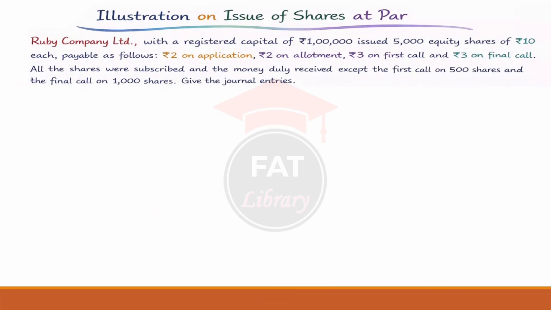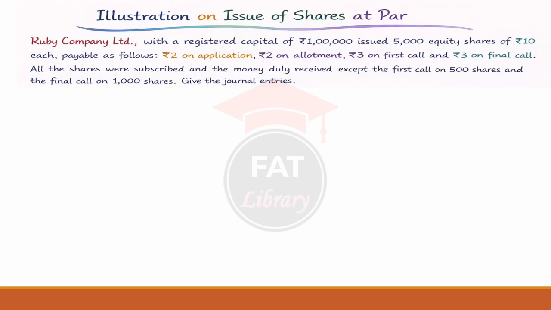Ruby Company Limited, with a registered capital of 1 lakh rupees, issued 5,000 equity shares of 10 rupees each. We are talking here about the issue of shares on installment basis. We have already seen three different stages: application stage, allotment stage and call stage.